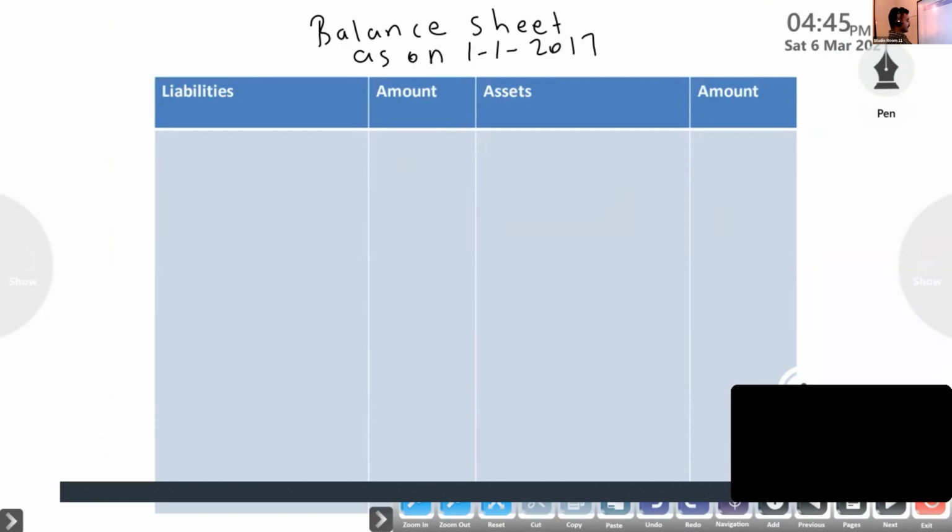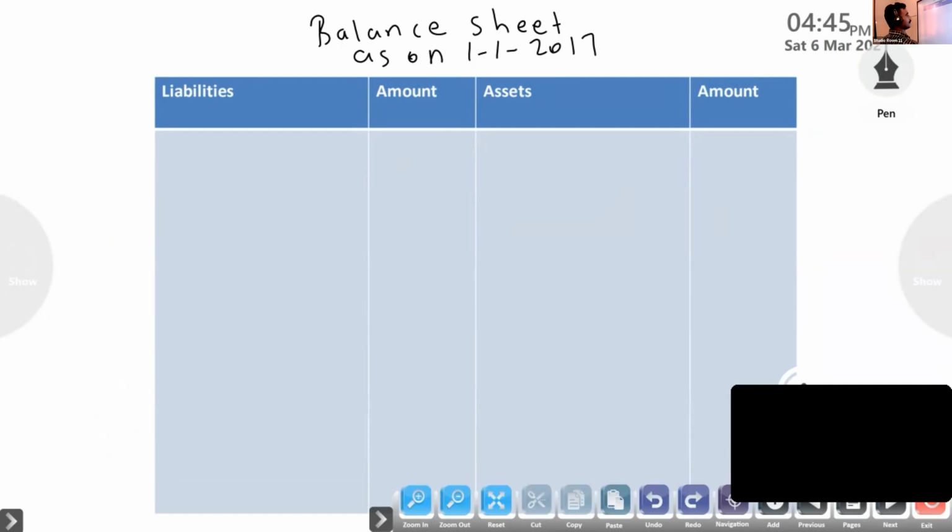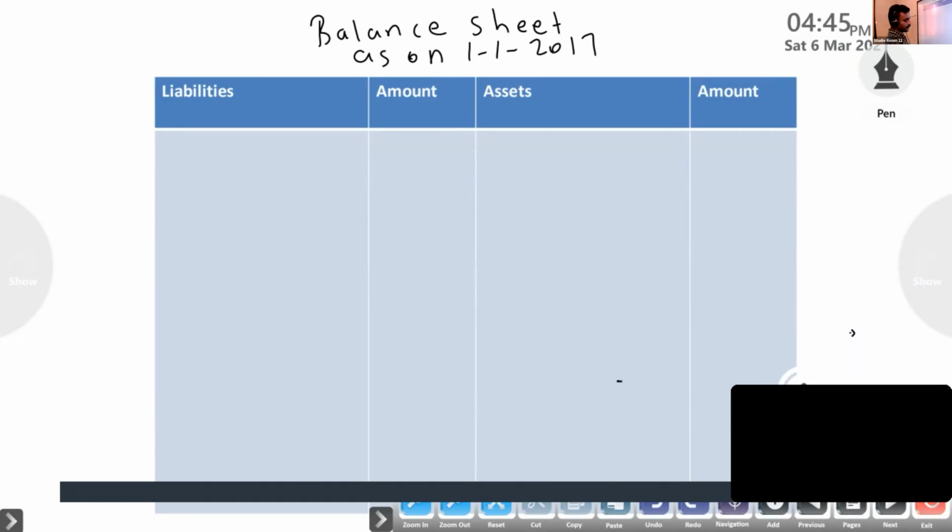So, first item, Anila, while preparing opening balance sheet. Opening balance sheet also, closing balance sheet also.